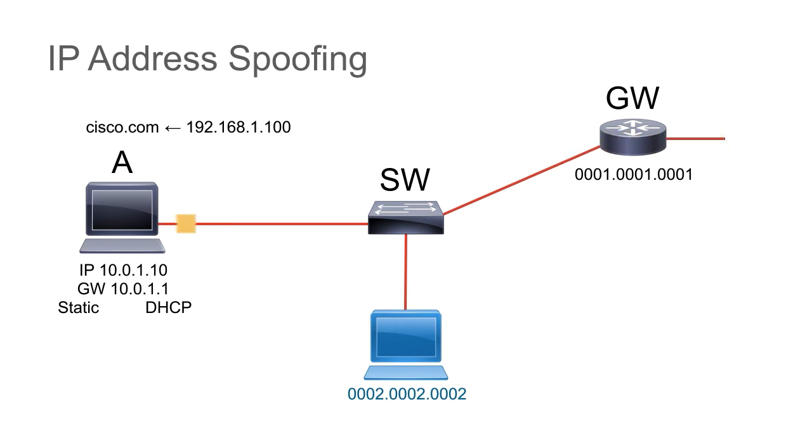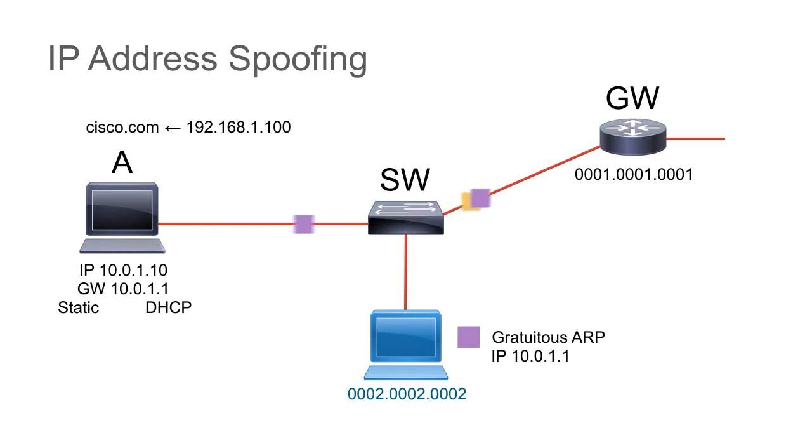What he's going to do is he's going to start to spoof an address. So he sends out a gratuitous ARP. This is an ARP before anybody asks for an ARP that says, "Hi everybody, I just want to let you know that I, 0002.0002.0002, I am 10.0.1.1."